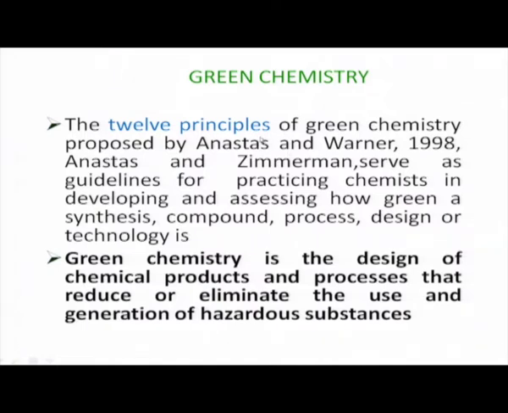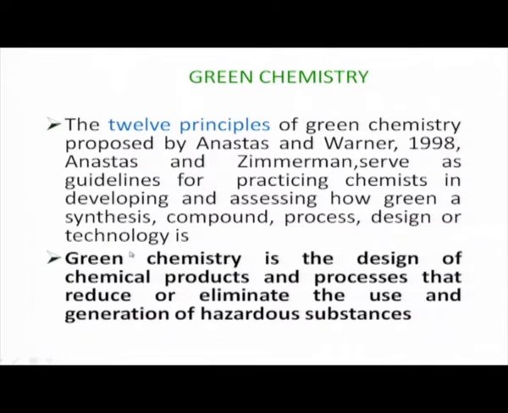These 12 principles serve as a guide for practicing chemists in developing and assessing how green a synthesis, compound, process, design or technology is. So, any chemist or chemical engineer who follows these 12 principles will definitely end up minimizing or completely eliminating the pollution. This is a guiding principle, the 12 principles.